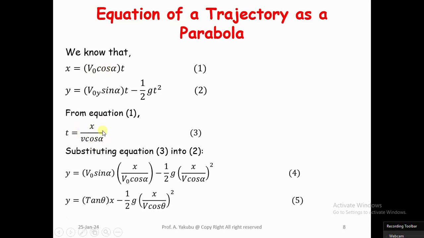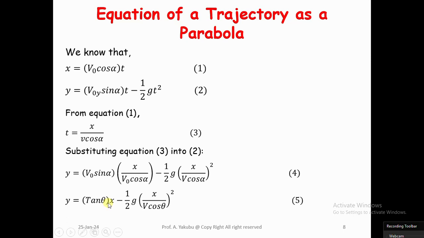So substitute equation 3 into equation 2. You are going to have v naught sine alpha, and instead of t here, you're going to have x over v naught cos alpha, minus half g, another t here, squared. Sine alpha divided by cos alpha is tan alpha.